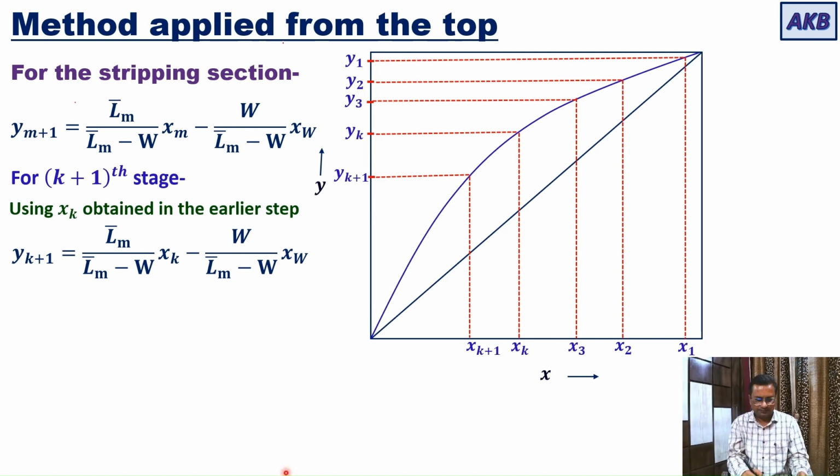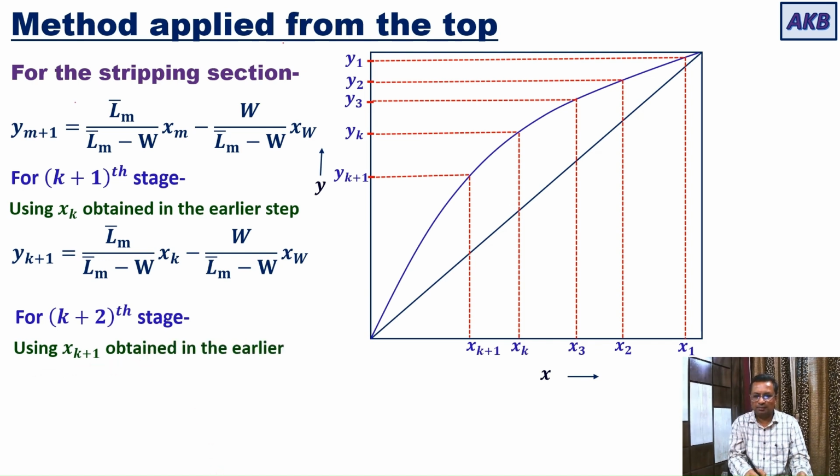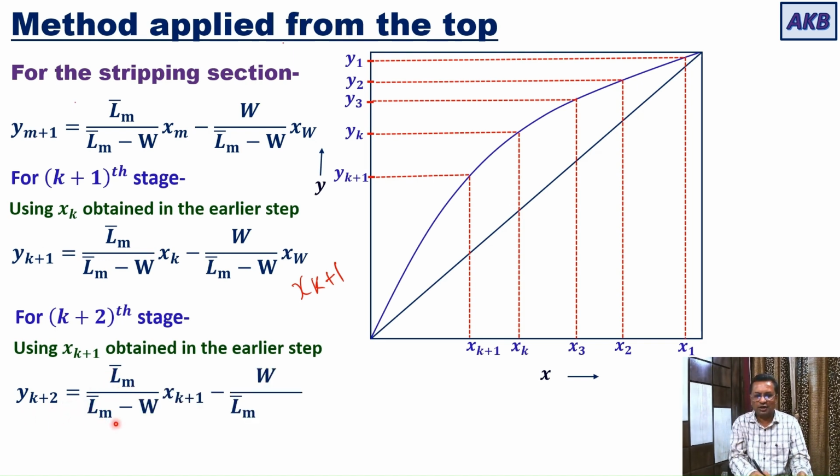After that, you'll be doing calculations for the K plus 2 stage. And for that, you are going to use the value of Xk plus 1, which was obtained in the previous step. So Yk plus 2 will be equal to L bar m upon L bar m minus W into Xk plus 1, minus W upon L bar m minus W into Xw.